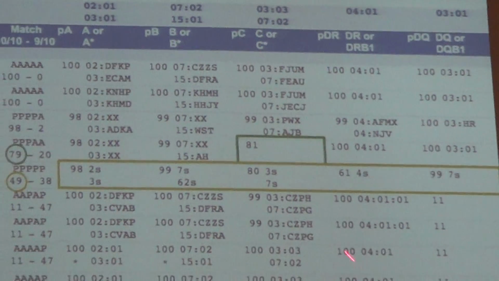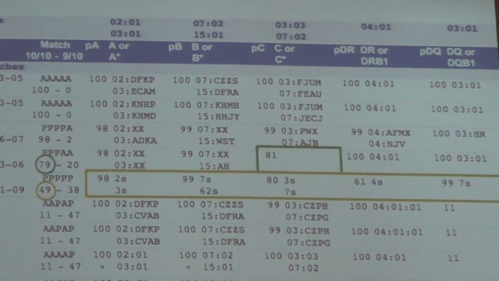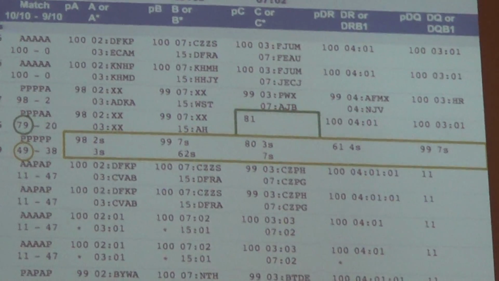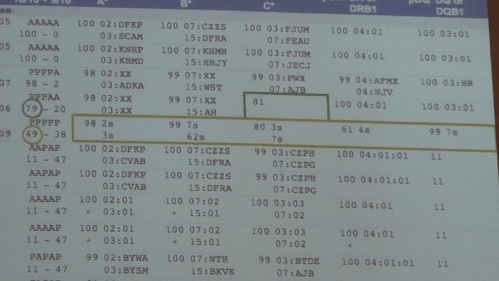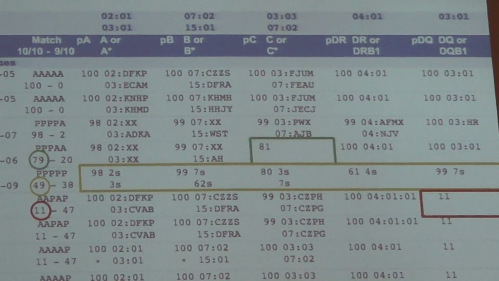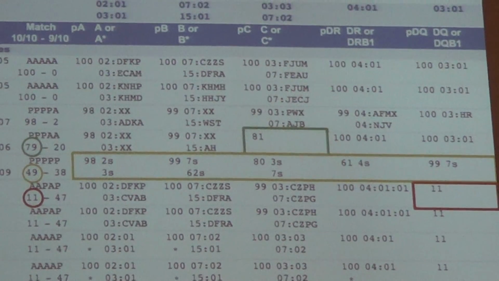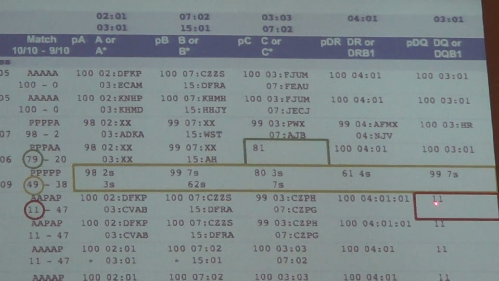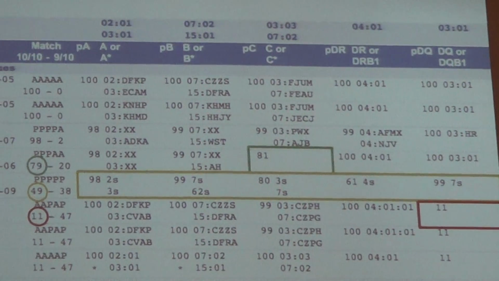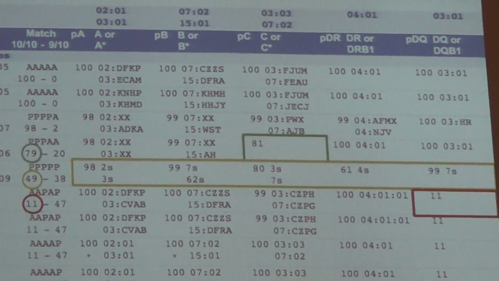It's a lot worse if you have C, but you're losing the high resolution on the DR and DQ, which is highly selective. And even a lot worse when you are lacking the DQ, which is rare because DQ usually is not highly selective.